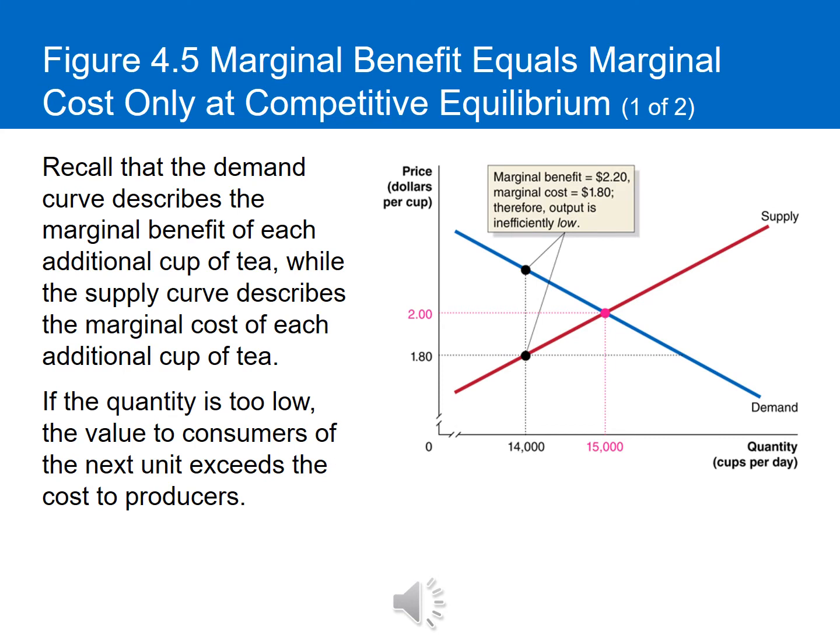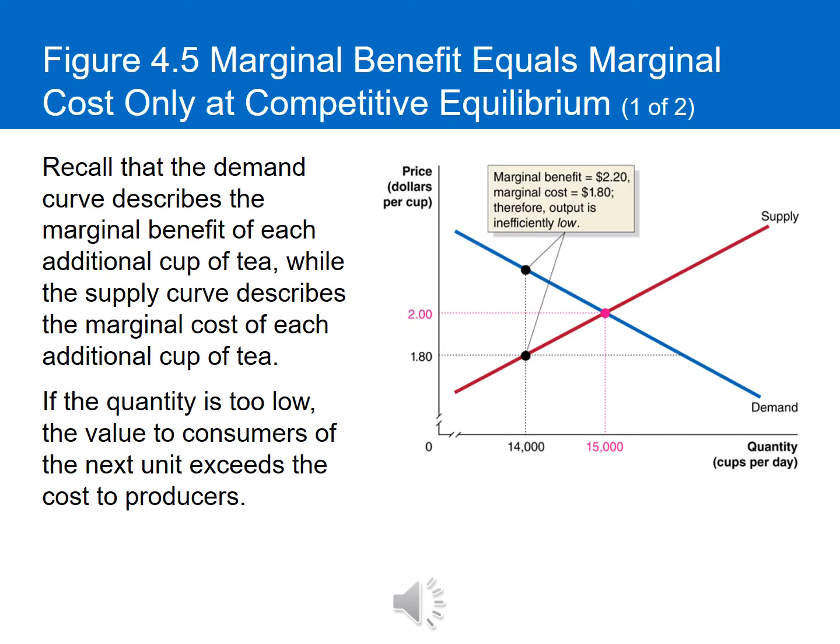So remember that the demand curve describes the marginal benefit of each additional cup of tea for consumers, while the supply curve shows the marginal cost of each additional cup of tea for producers. If the quantity is too low, then the value to consumers of the next unit exceeds the cost to producers.